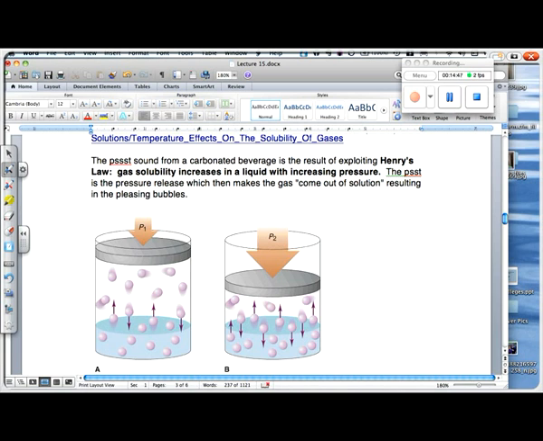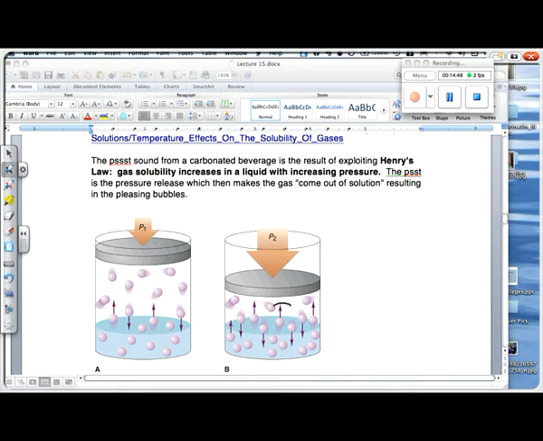You have the pressure inside the bottle is higher than the pressure outside the bottle. So P1 is greater than P2. And the reason that they do that is because you can get more gas to dissolve in the solvent by increasing the pressure.